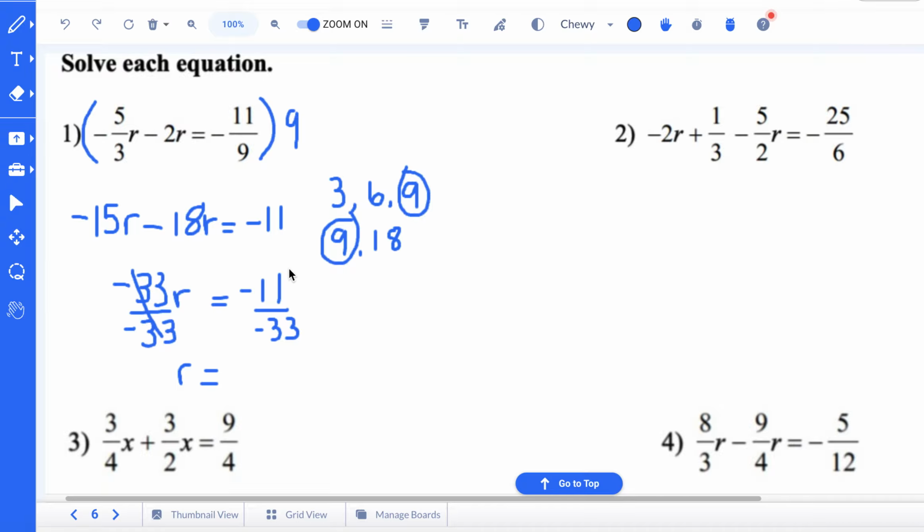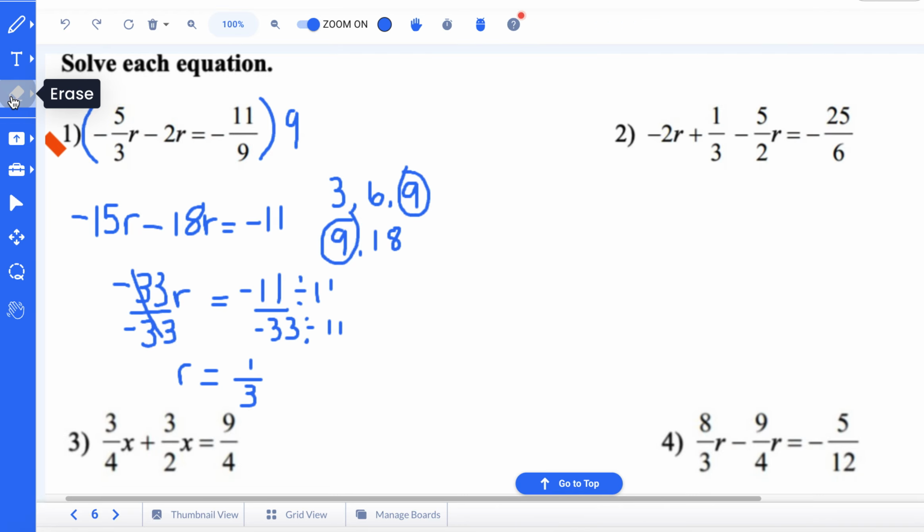So I'm just going to simplify this by dividing by 11. When I divide both by 11, I will get that my answer is 1/3. Remember, negative divided by negative is a positive. So 11 divided by 11 is 1, 33 divided by 11 is 3. So my answer is 1/3.